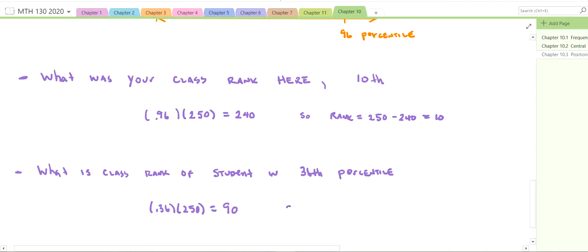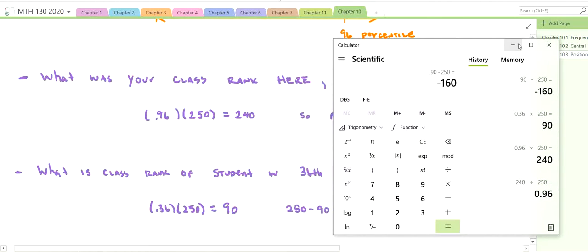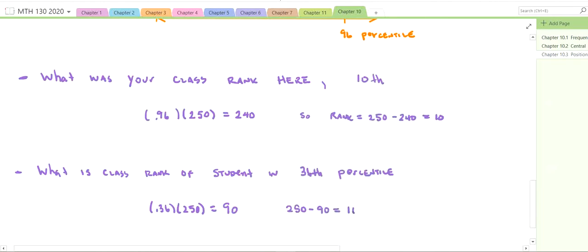So then I take 250 and I subtract 90, and that's their rank in the class, which is 160. Okay, pretty straightforward.